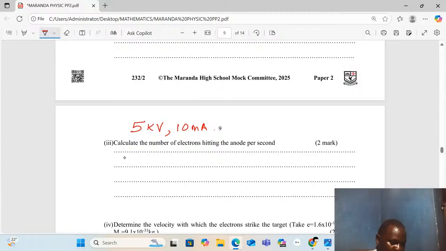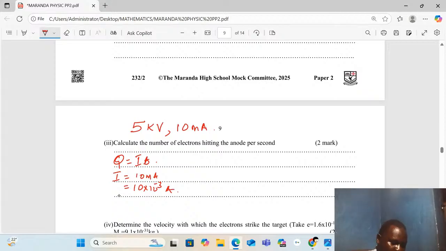Charge is given by current times time. Our current is 10 milliamperes, equivalent to 10 times 10 raised to power negative 3 amperes.